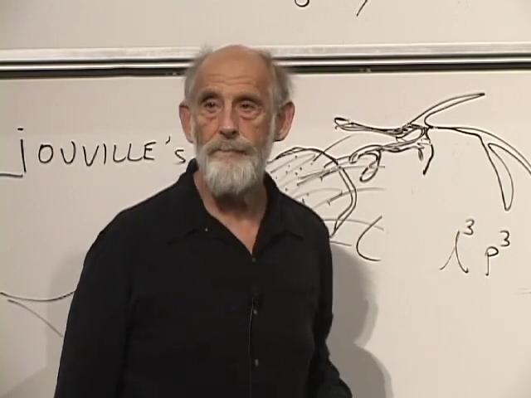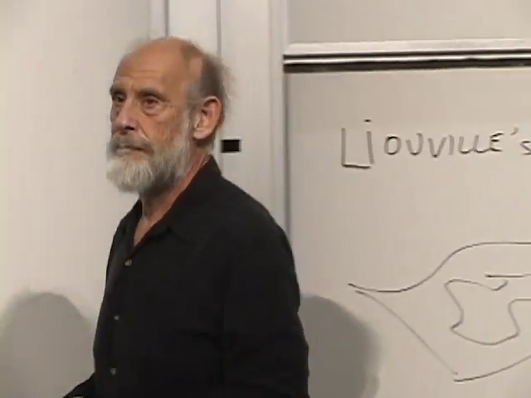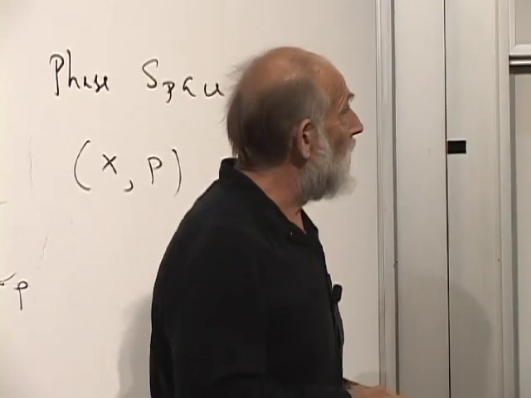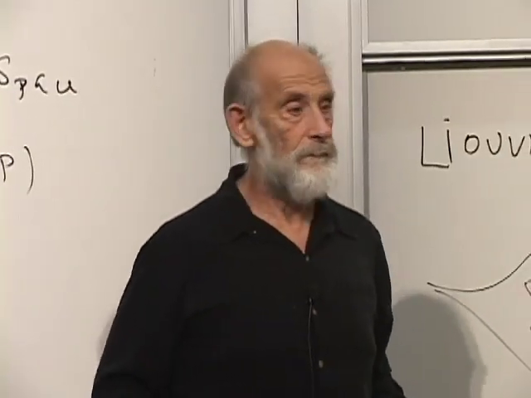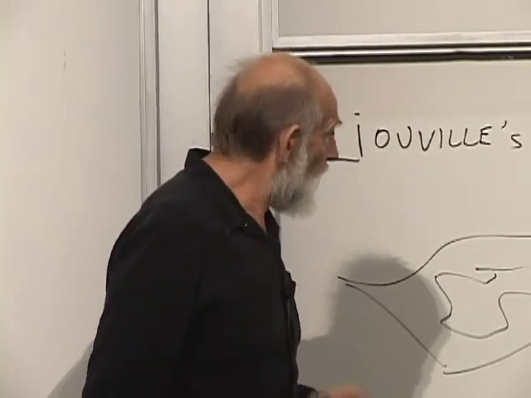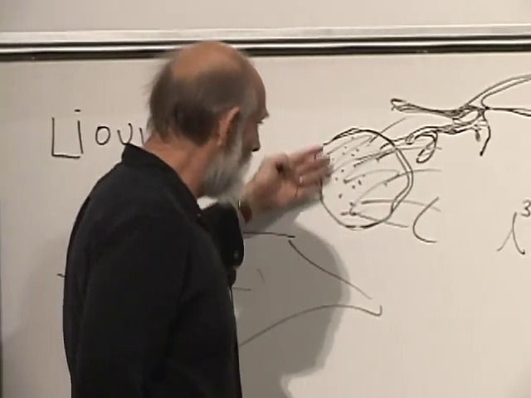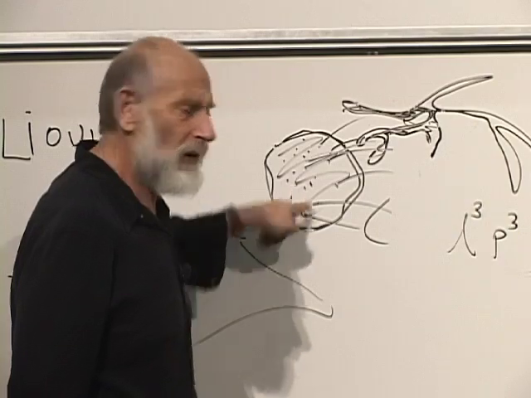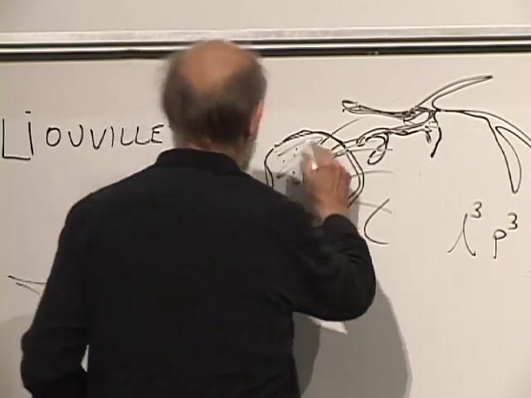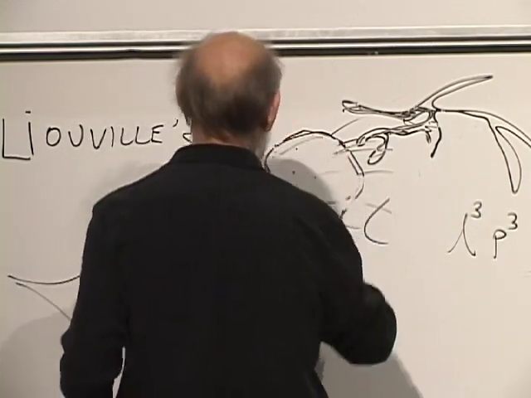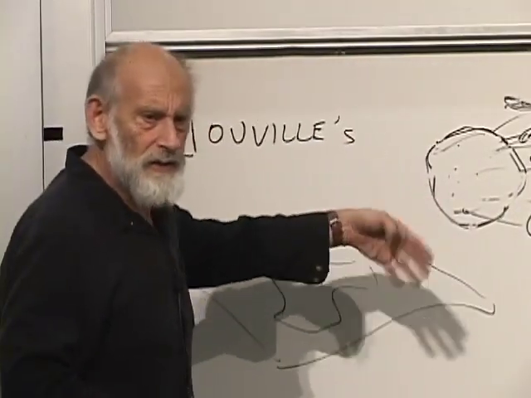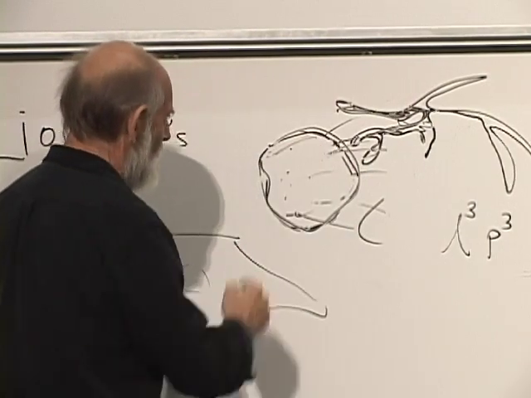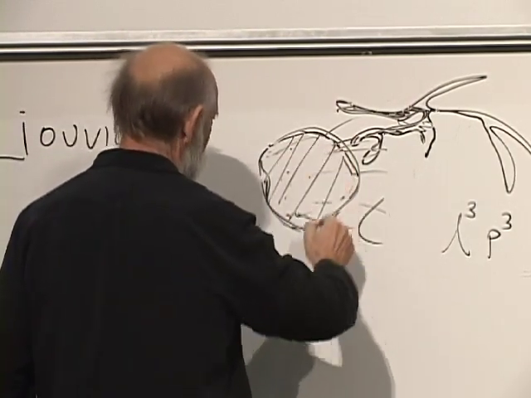In the case of the harmonic oscillator, the ellipse just stays the same. But don't you need an infinite number of points to have a volume? Yes, an infinite number of points makes a volume. Are you fooled by the fact that I drew some points here? No. It's a continuous infinity. It's a volume in the phase space. I could cross-hatch it. Does that make it better?